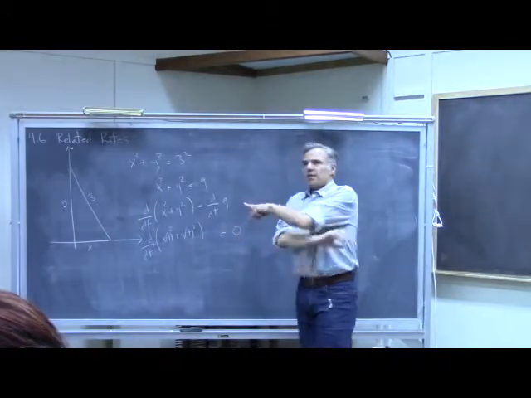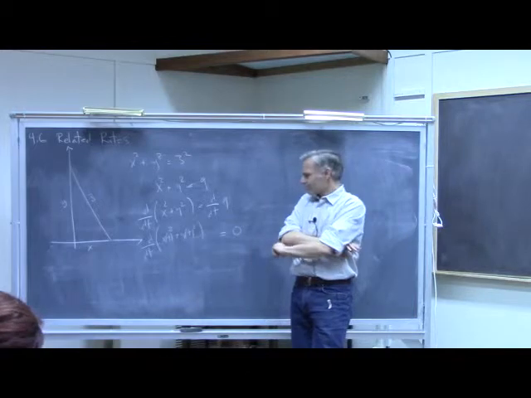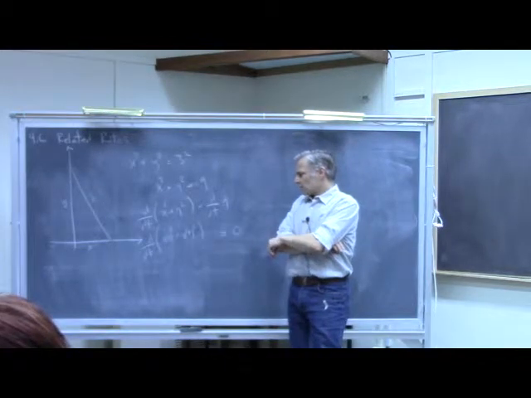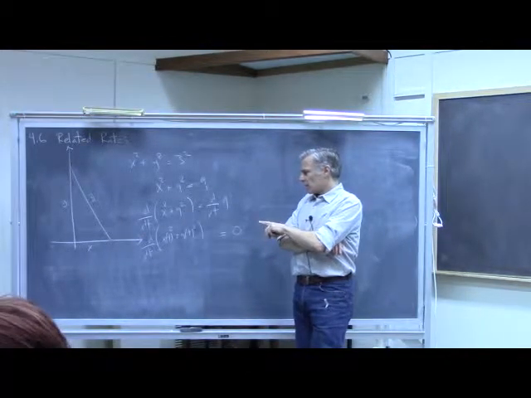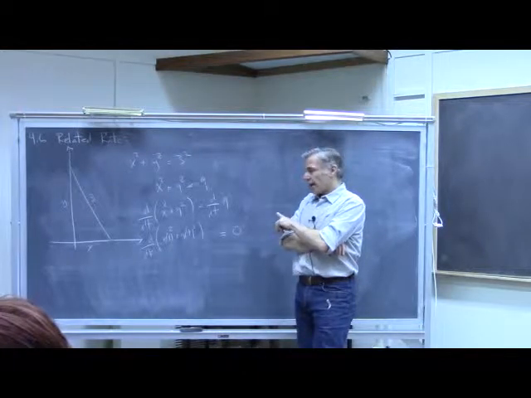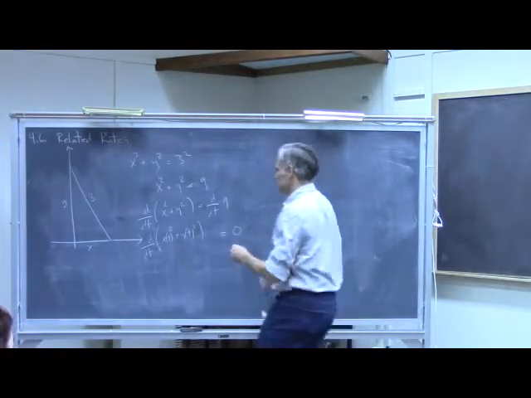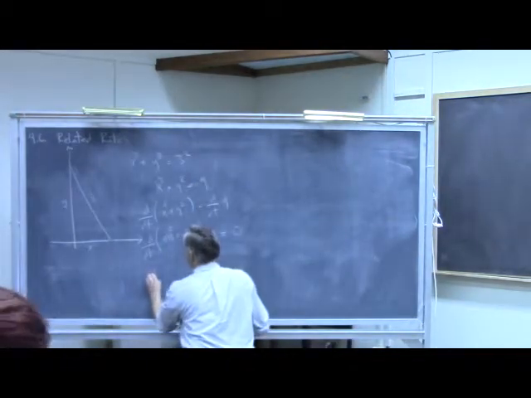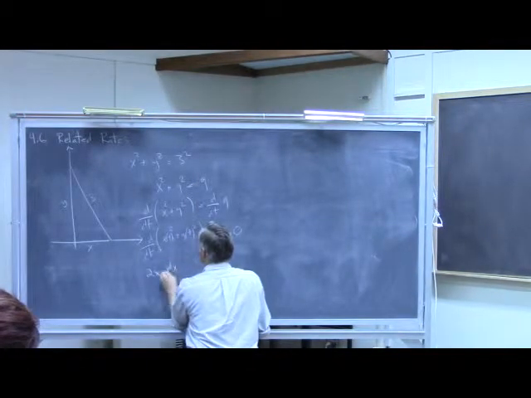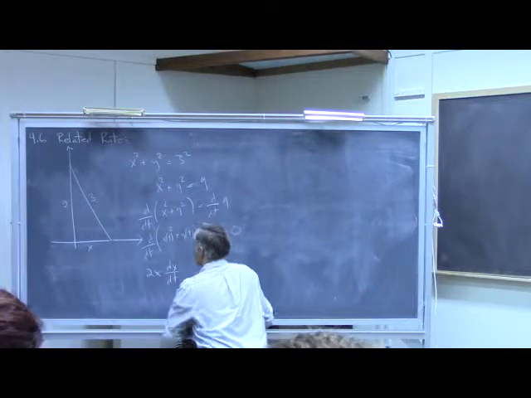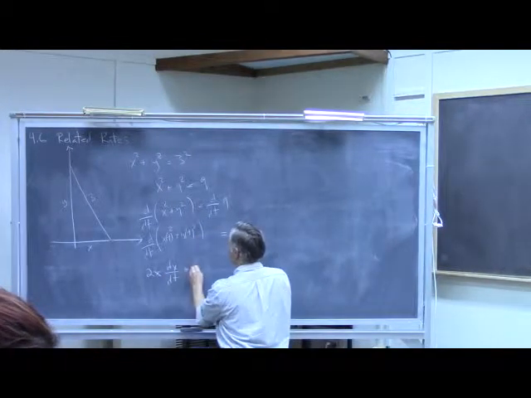So then x is like an inner function. So that would be 2x times the derivative of the inner function, which is dx/dt. And we'll have the same story for y.